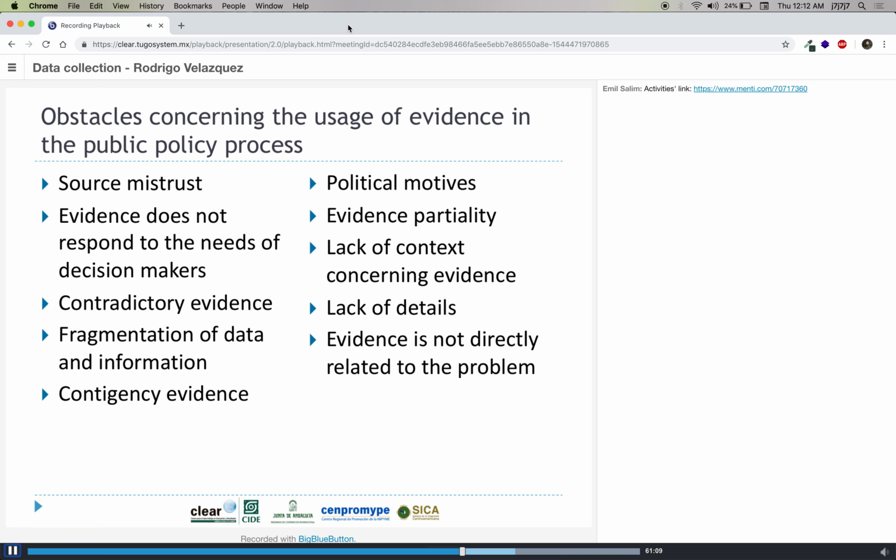The question is, in what stages of the public process do we have to provide evidence? Okay, thank you so much. We are receiving more answers. I am going to give you a few more minutes so that we can keep moving forward with this presentation.